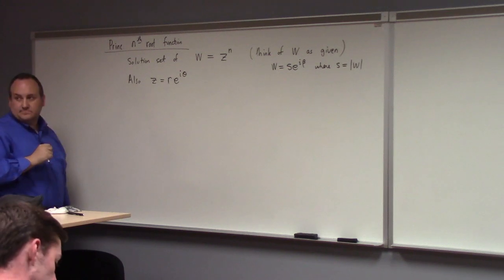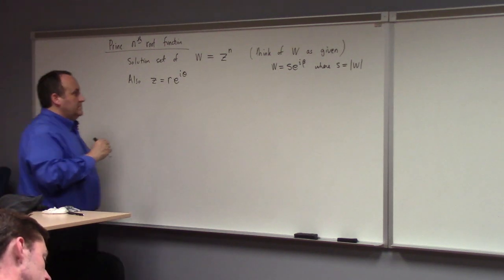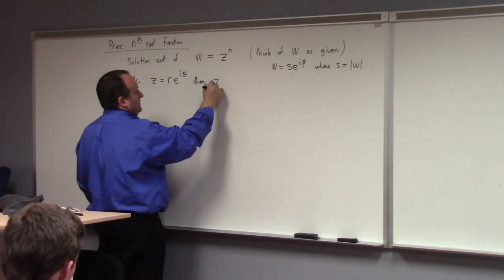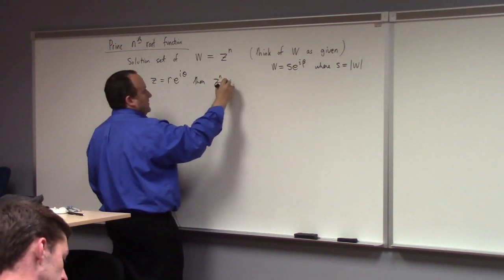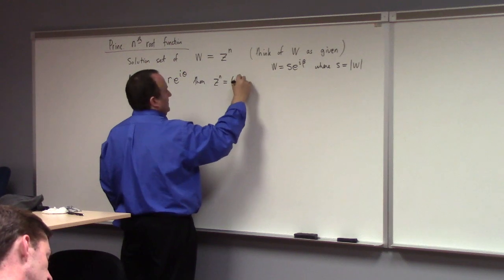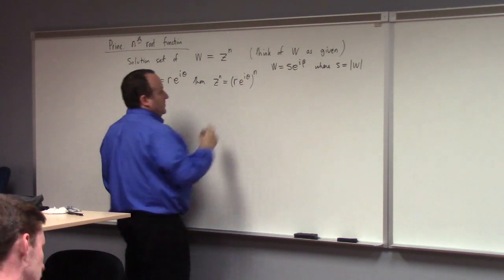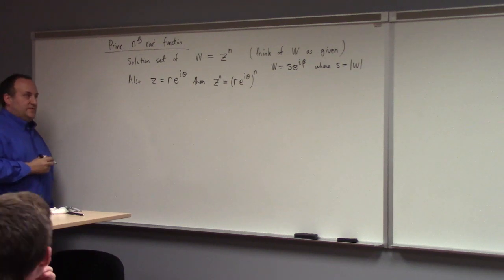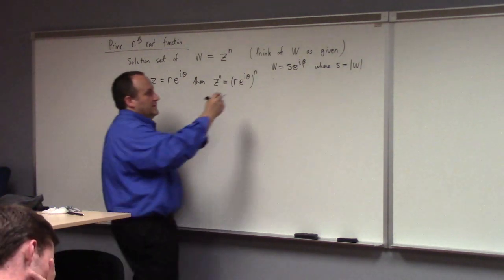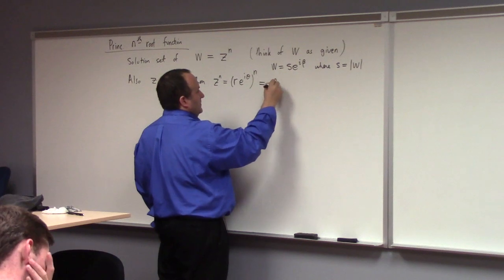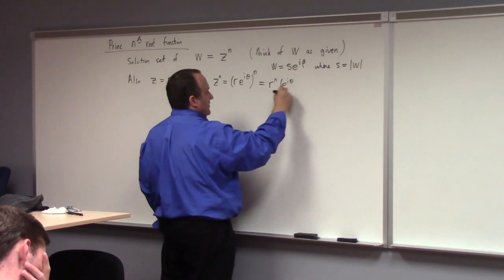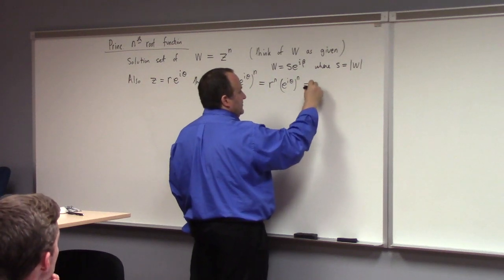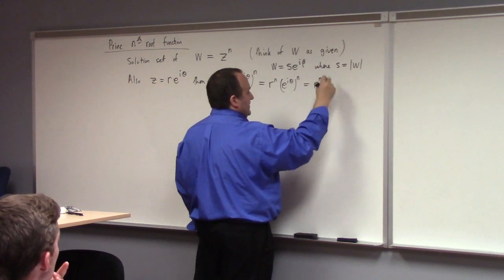So then what? Well, if we look at z to the n, z to the n is r e to the i theta raised to the n power, which is equal to r to the n, e to the i theta to the n power, by de Moivre's theorem, which you're going to prove in homework 1 anyway.